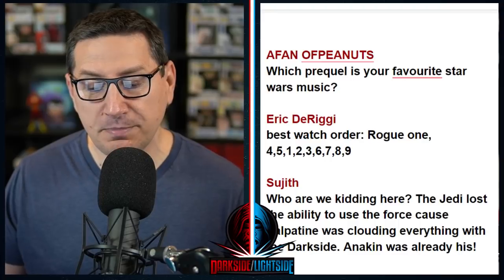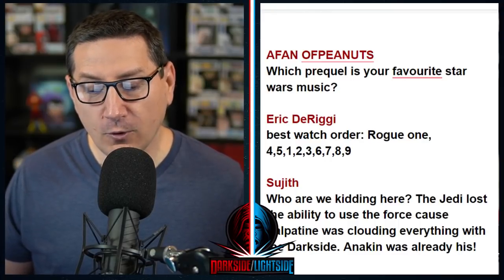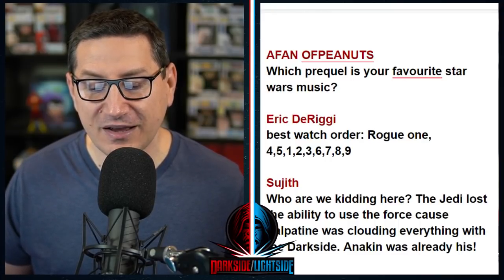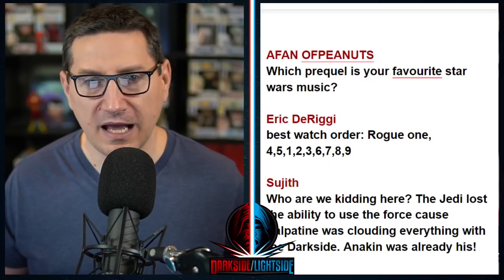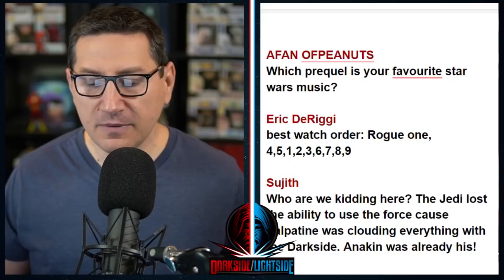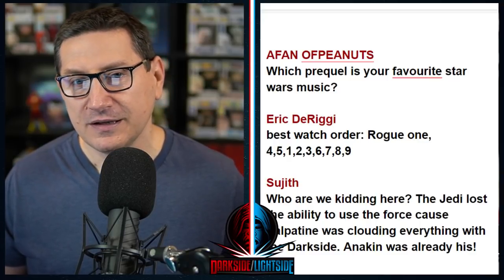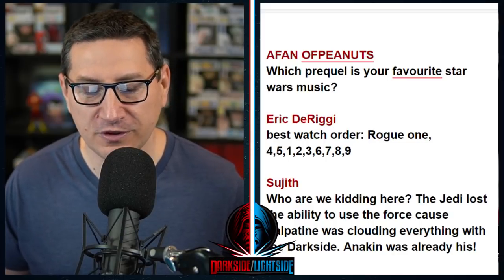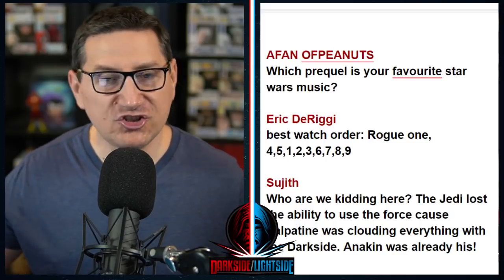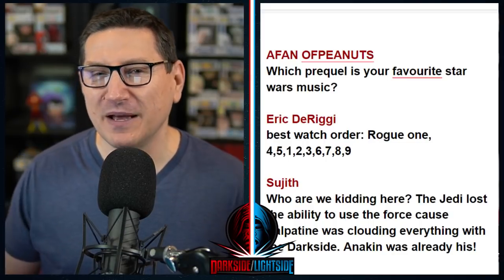All right, Eric DeRiggi writes, best watch order: Rogue One, 4, 5, 1, 2, 3, 6, 7, 8, 9. I'm still very much a release order guy. I'm still very much 4, 5, 6, skip 1, 2, and 3, but if you have to, then 1, 2, and 3. Just the order in which it was released. I still think that's the best one.